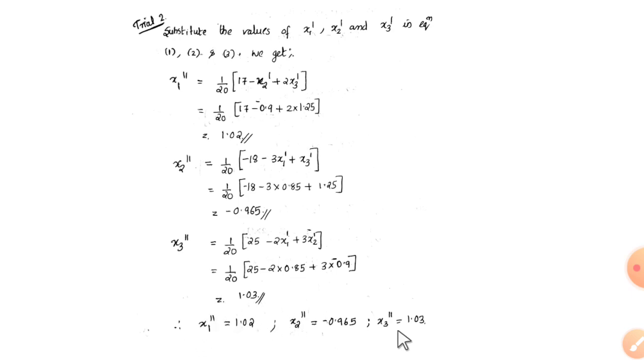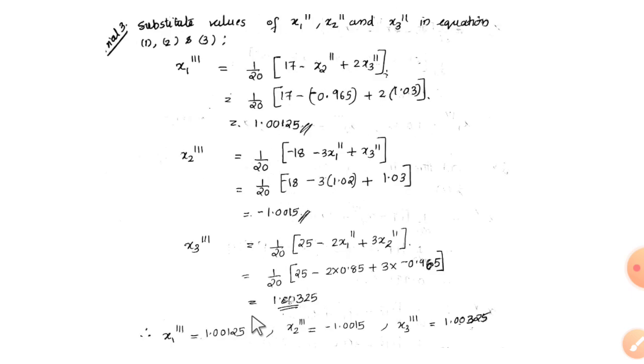Hence we get another set of values. In the next trial we will use these values for finding the new values, substituting x1 double dash, x2 double dash and x3 double dash in equations 1, 2 and 3.